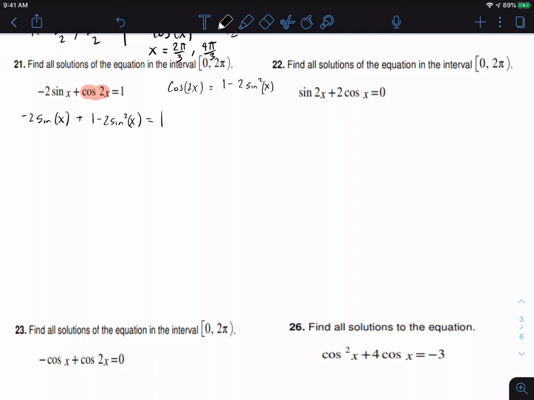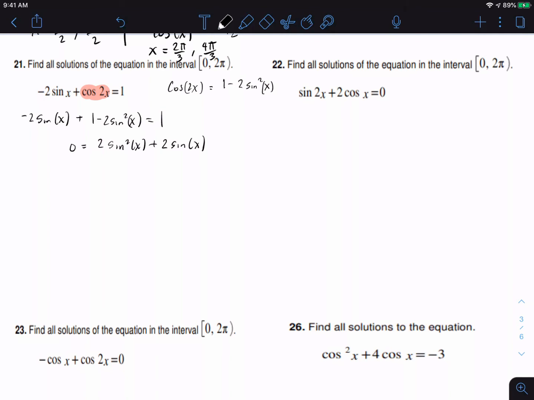Then I'm going to move things so that it's nice and clean. I'm going to get 0 is equal to 2 sine squared of x plus 2 sine of x, and the 1's cancel each other out. I can get rid of the 2 also by dividing by 2.